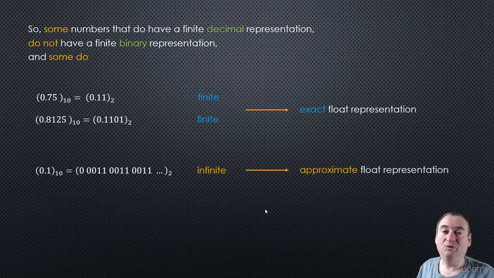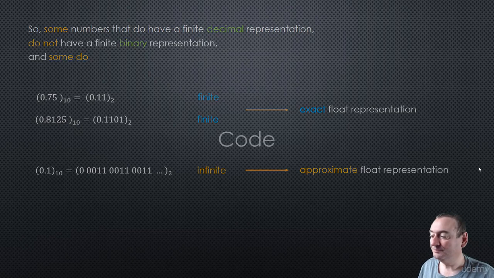So because of that, we only have an approximate float representation in Python. And this isn't a shortcoming of Python. This is going to be true of any computing language. It's because computers use binary, bits, zeros and ones, and so at some point we have to transform our decimal number into a binary number. And because of that, we run into these approximation issues.